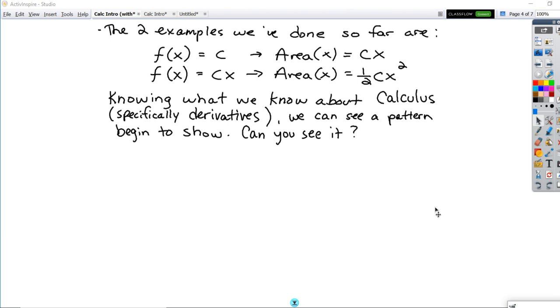Can you see it? If you could tell that taking the derivative of the area function gives you the original function, then pat yourself on the back.